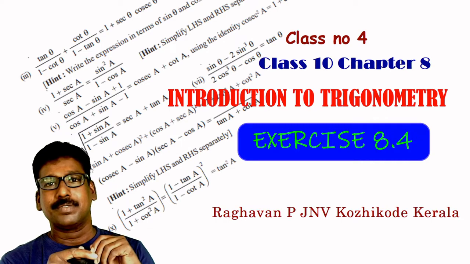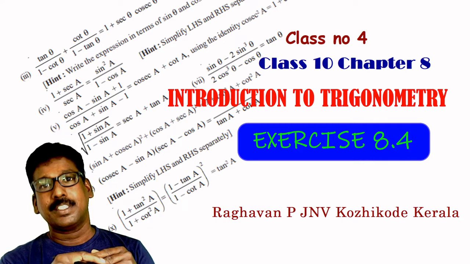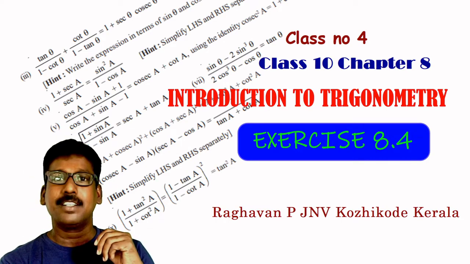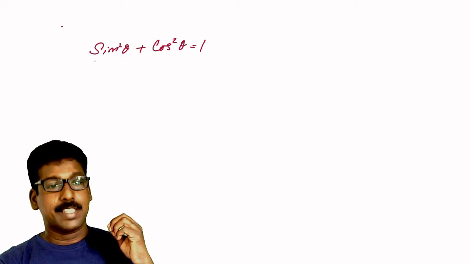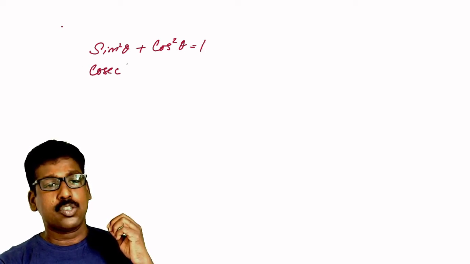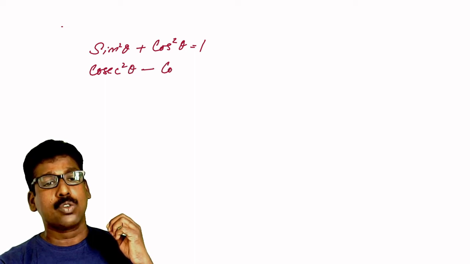Before that, we already learned three identities. The first one is sin square theta plus cos square theta is equal to 1. The second one is cosec square theta minus cot square theta is equal to 1.